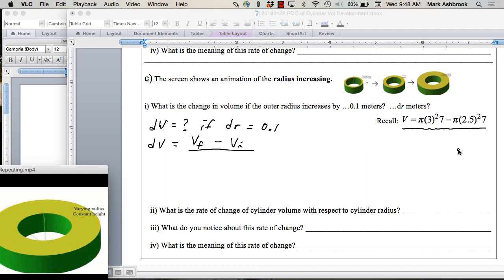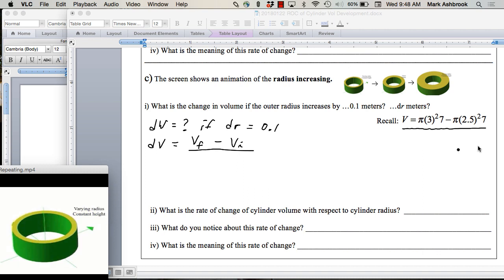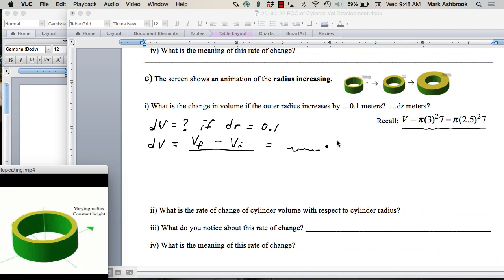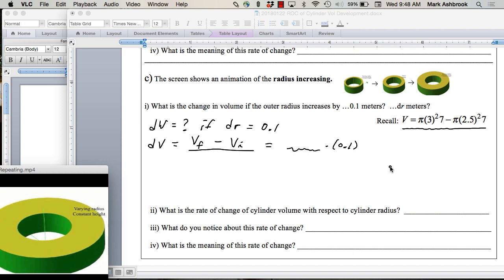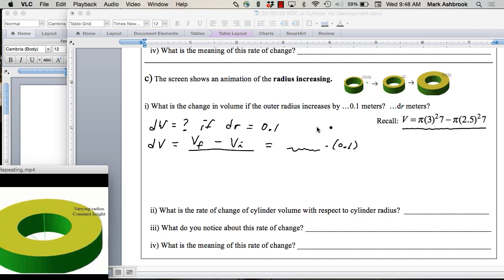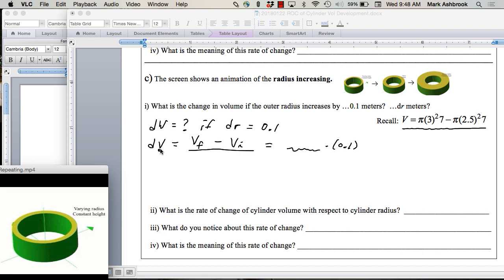Okay? And then we need to figure out, and then what did we say? We said, if we can get that thing to look like something times, say, 0.1, then what is that something? That's the rate of change, because we know the rate of change is, given any change in radius, the thing we'd multiply by to give us the same change in volume.